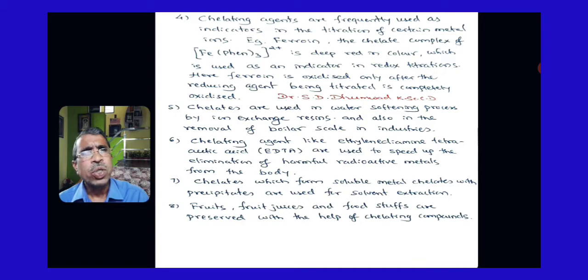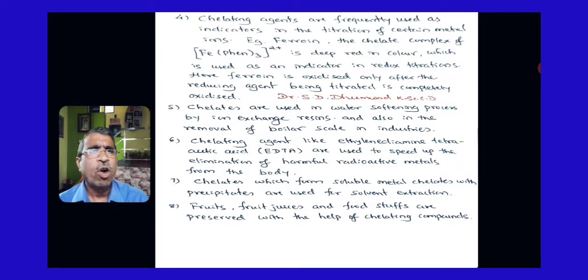Another importance, the chelates are used in water softening processes by ion exchange resins and also in the removal of boiler scales in industries. Chelating agents like ethylene diamine tetraacetic acid, that is EDTA, are used to speed up the elimination of harmful radioactive metals from the body.